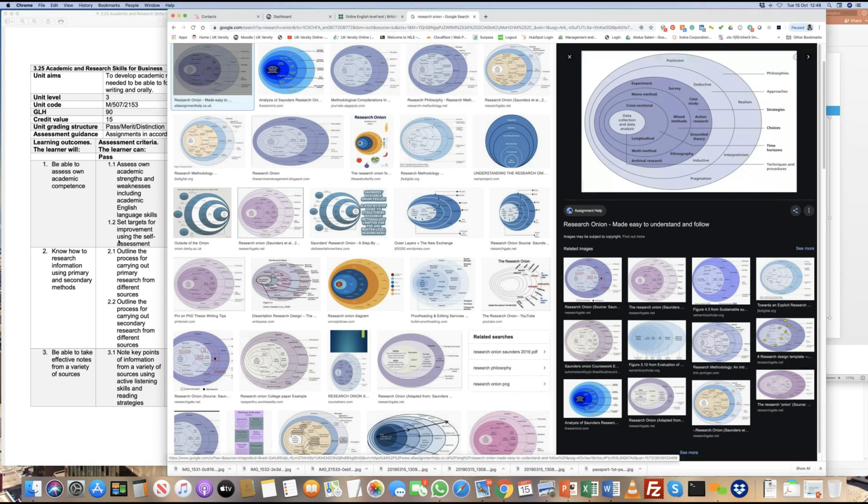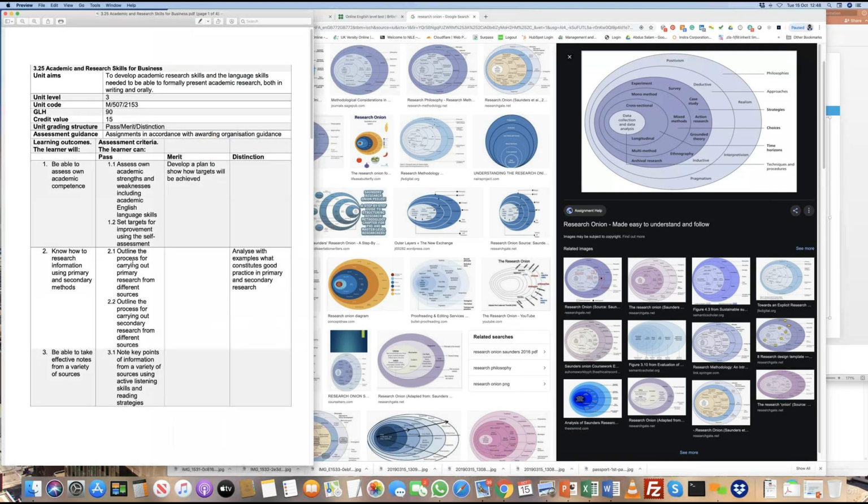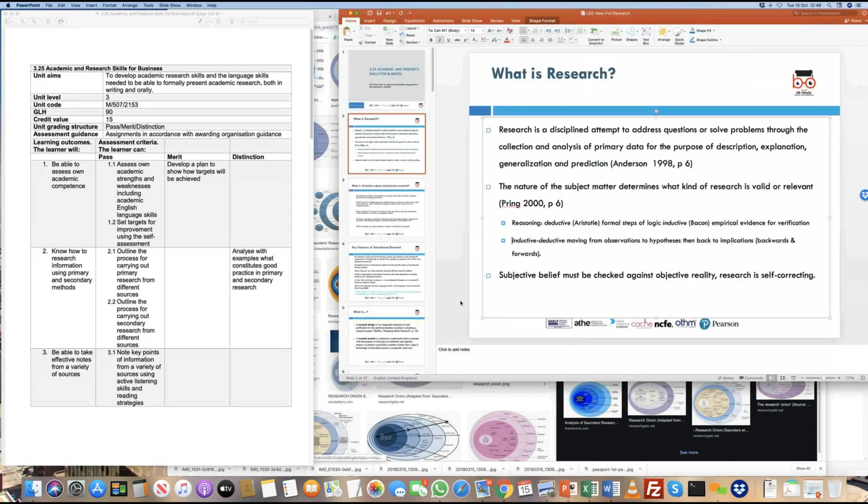So in learning outcome 2, what we want to do is find out the types of research, why they are done, how they are done, and we'll fall back on the research onion, which defines the various stages in which data is collected and information is gathered, and at some stage you come out with meaningful conclusions, saying this is the reason why this is there, or this is the reason which is not there, and because of which this has happened.